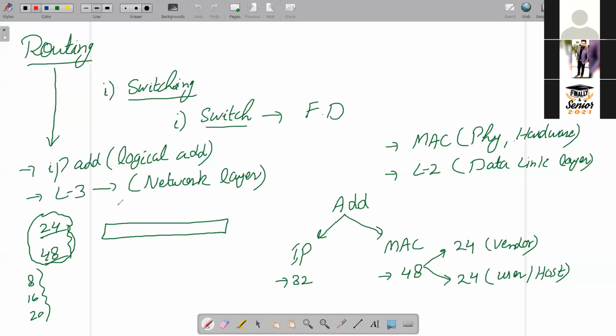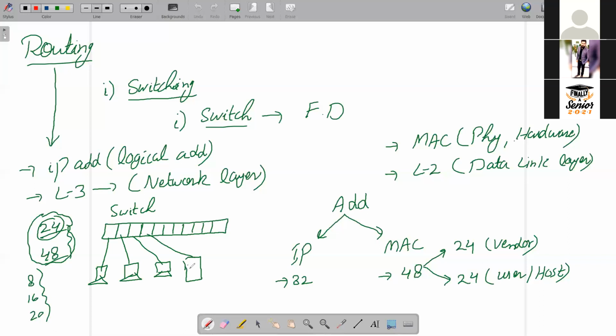So if we take an example, if we have a 24-port switch, we can terminate 24 end users on that switch. For example, this is our first PC, this is our second user, this is our third end user.